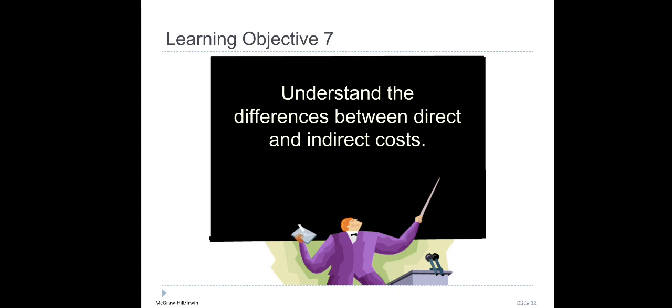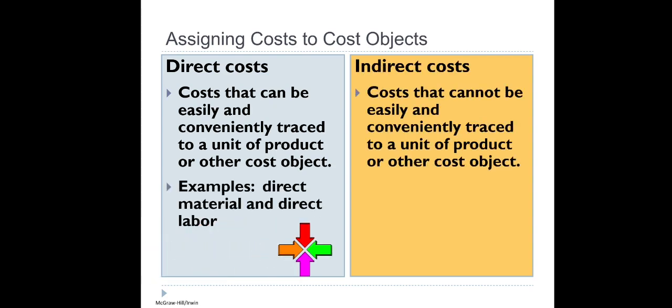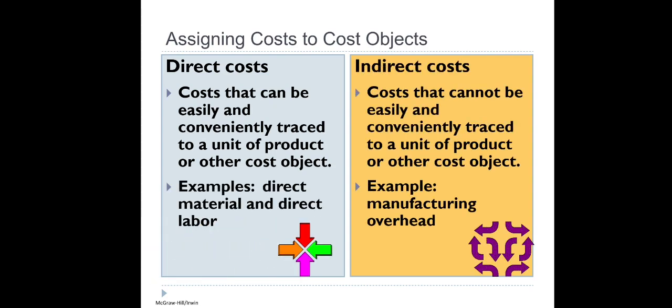Direct cost and indirect cost, very easy. Direct costs are direct material cost and direct labor cost. They are called direct costs because they are directly related to a product.